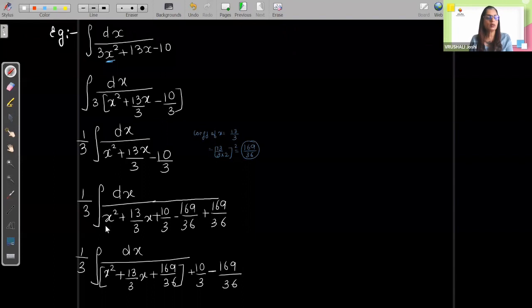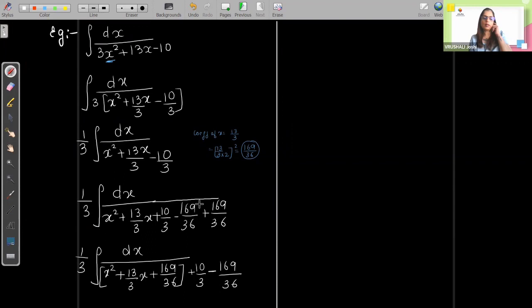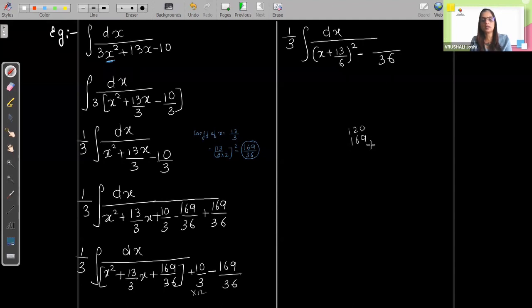Okay. So now let's see how we can do this further. So this is going to be 1 by 3 integration of dx. Now in the denominator, this is actually x plus 13 by 6 whole square minus, here you'll find the LCM. LCM is 36. 36 meaning you're going to have you divided by 12. That's going to be 120 plus 169.